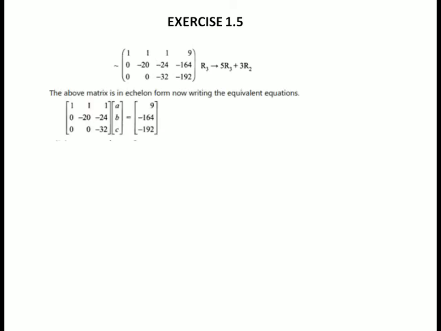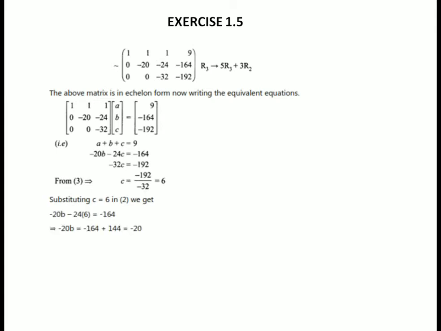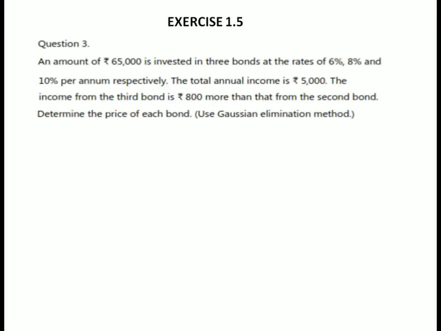After that write it in echelon form, in the equivalent equation form. 3 equations you get. Third equation you simplify, you get the c value is 6. Substitute in the second equation, you get the b value is 1. Then you substitute c value and b value in the first equation. You get a value is 2, b value 1, c value 6.